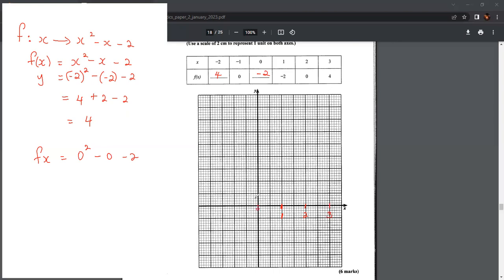Right, this will be 0, negative 1, negative 2. Then the same on the y-axis. Every 2 centimeters is 1 unit.